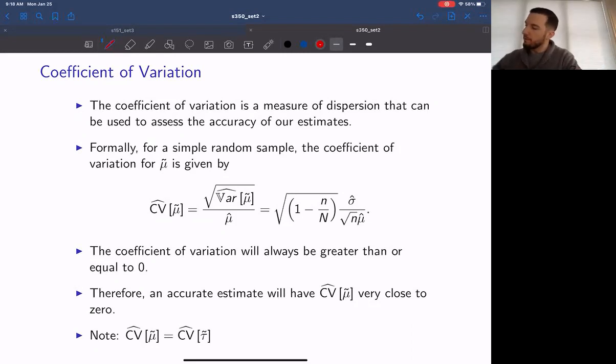All right, so the coefficient of variation will always be greater than or equal to 0 by construction, okay? And we can say that an accurate estimate of mu will have a coefficient of variation that's very close to 0. All right, so we would expect the coefficient of variation to be very small for good estimators, is the idea.